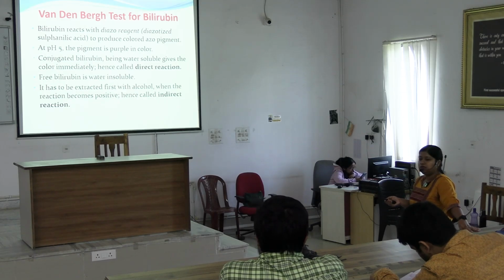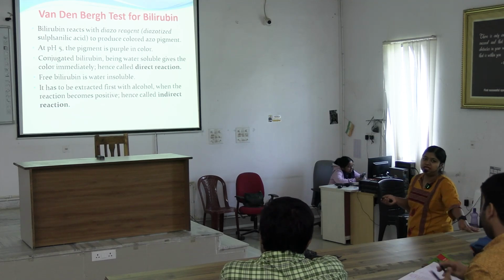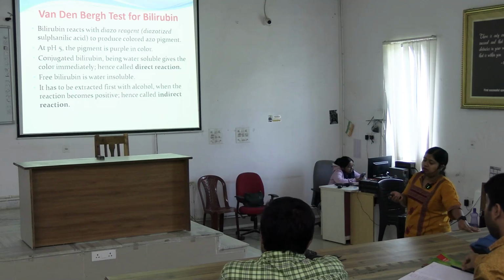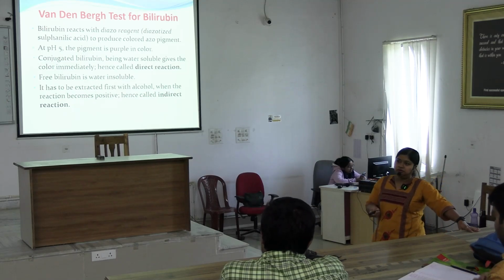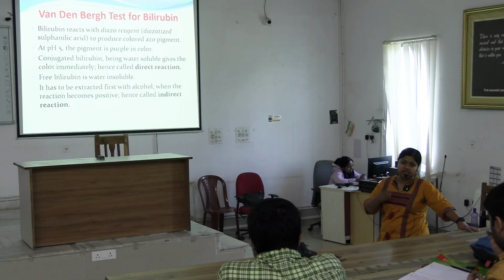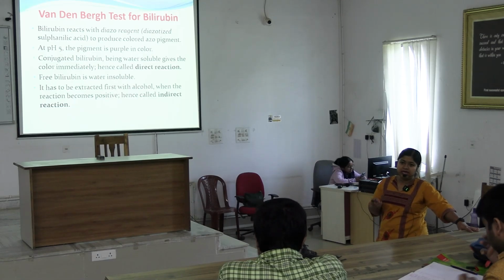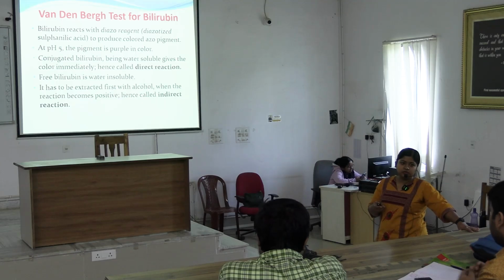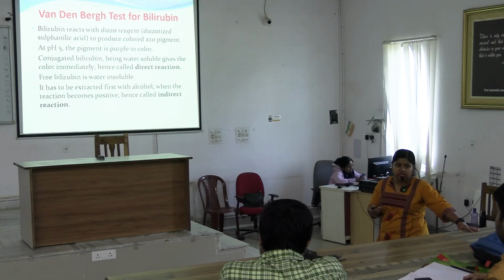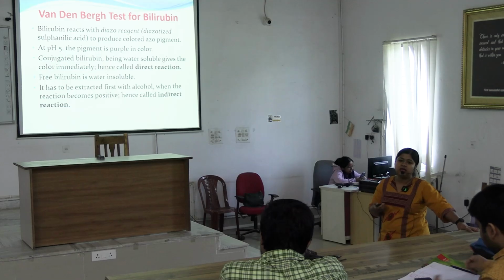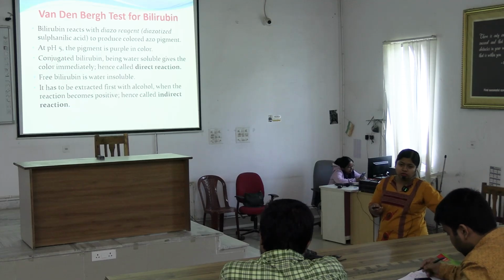We have to make it water soluble first, and then it will give the positive Van den Bergh reaction. That is why it is called an indirect reaction, and unconjugated bilirubin is known as indirect bilirubin. Whenever you go for a blood bilirubin test, it will give 3 readings: total bilirubin, direct bilirubin and indirect bilirubin. So, direct bilirubin is the conjugated one and indirect bilirubin is the free or unconjugated bilirubin.